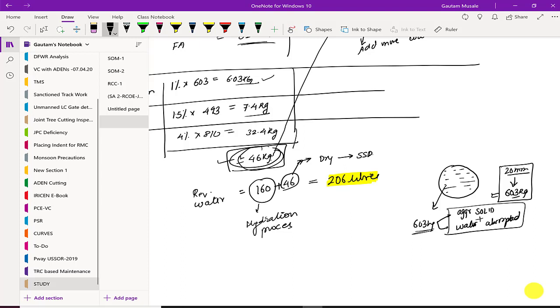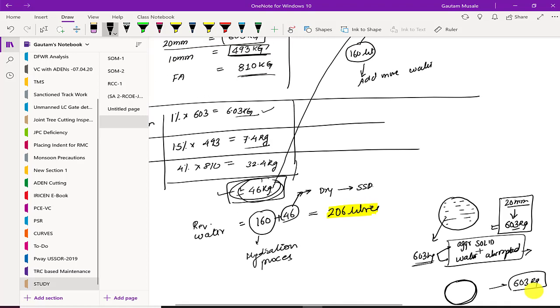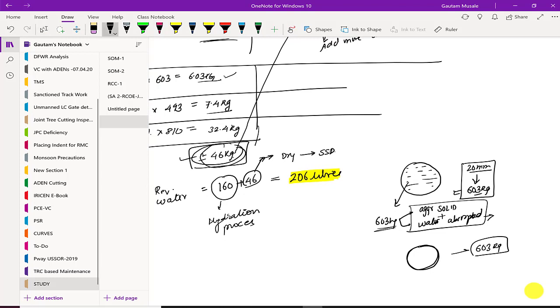Now what will happen is, when I use a dry aggregate as against this, and if I take this 603 kgs, I will land up with more amount of solids because there is no water, right? Let us say it is 1%. So the solids will be 99 and the water will be 1, so that 99 plus 1 will be 100. But if I use this dry particle instead of this SSD condition, since there is no water, the entire 100 will go as the weight of the solids as against the 99.